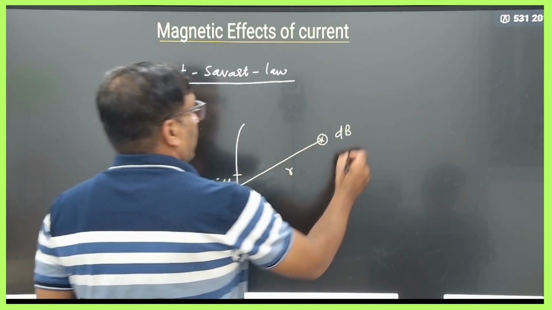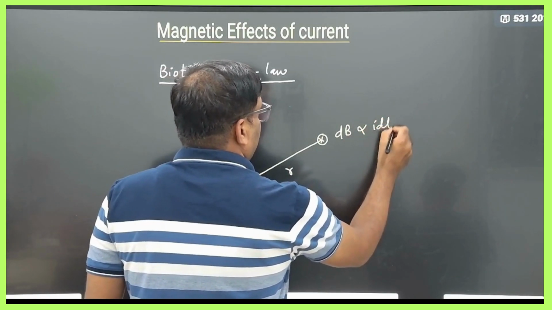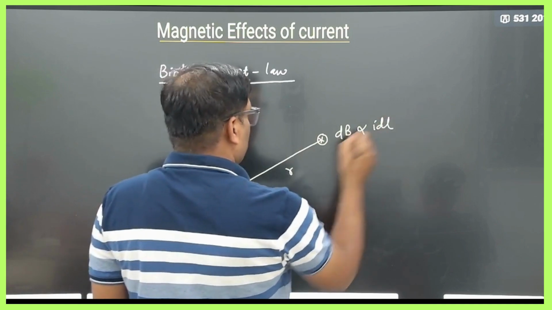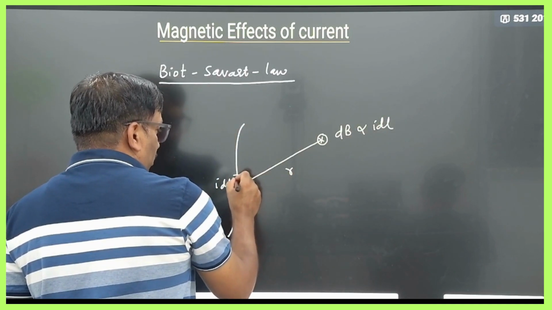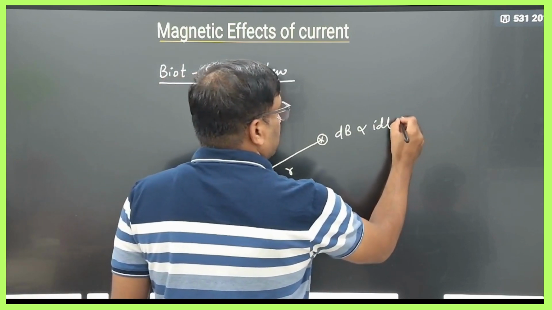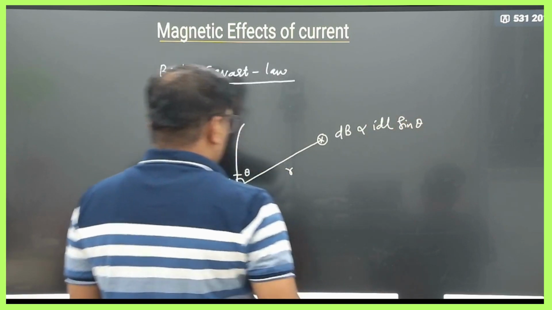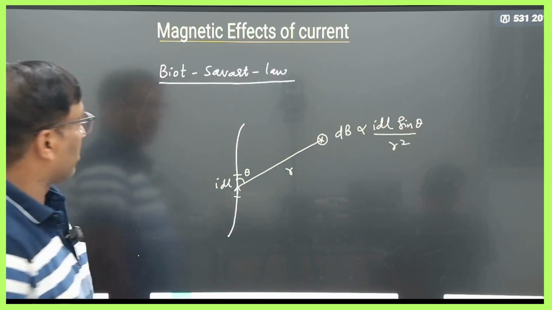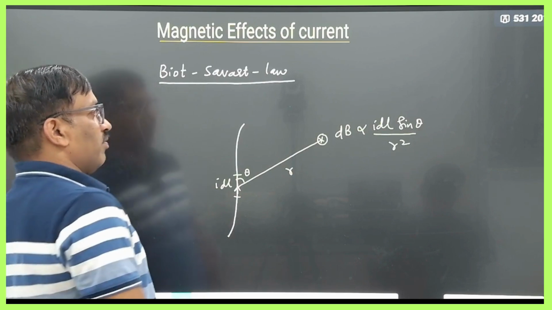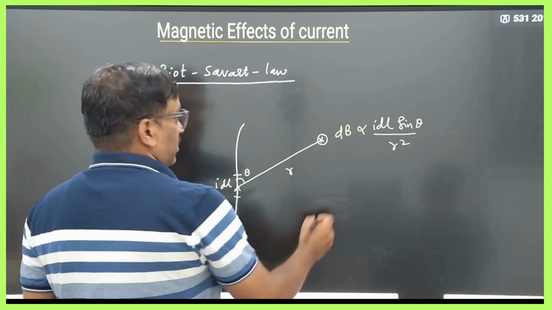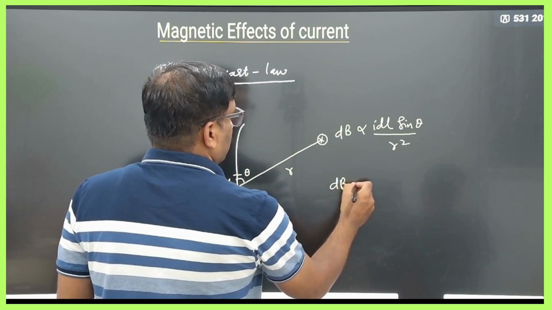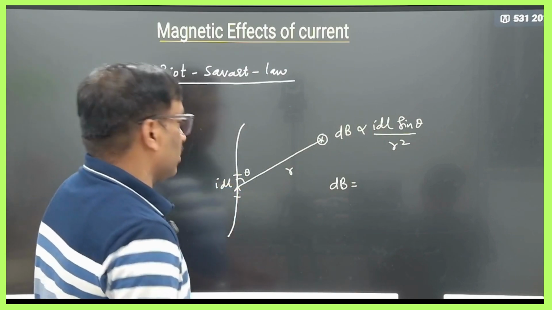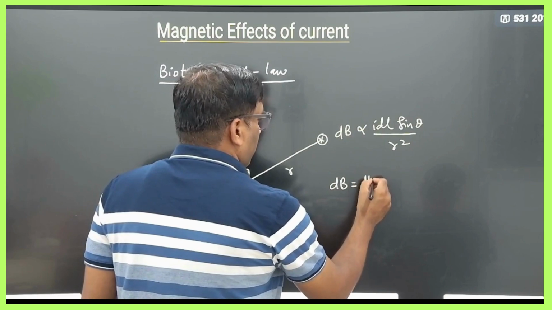It is directly proportional to I dl, the current element, into sine theta, where theta is the angle between them, and inversely proportional to the square of the distance. This was given by Biot-Savart law. You can remove the proportionality and place one constant, which is nothing but mu naught by 4 pi.